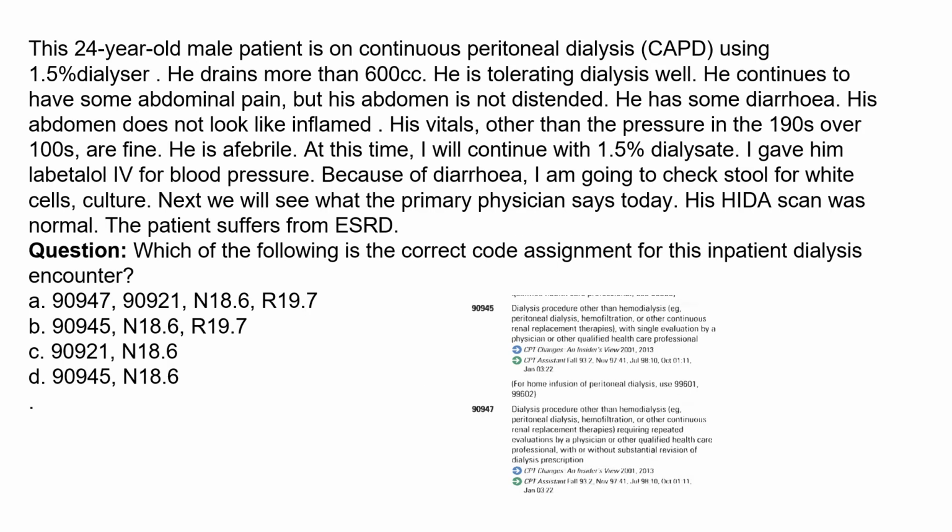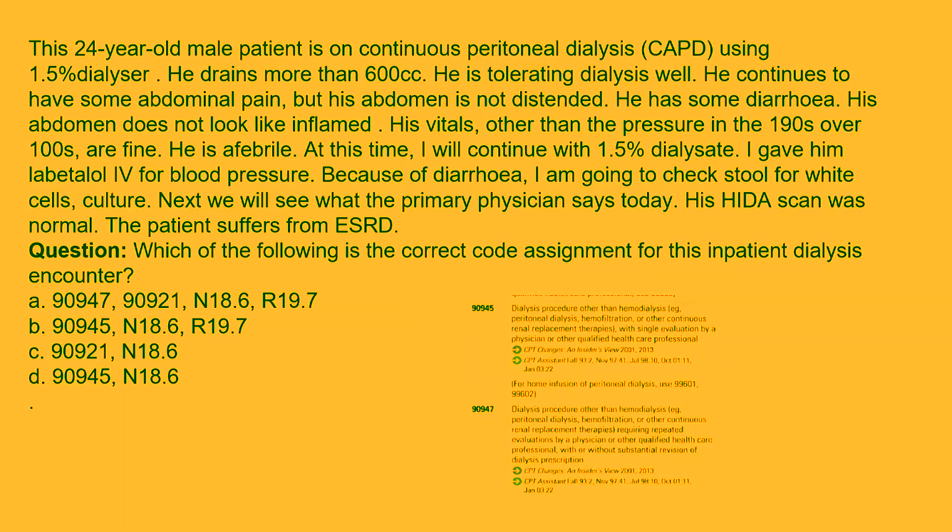This 24-year-old male patient is on continuous peritoneal dialysis using 1.5 dialyzer. He drains more than 600 cc urine. He is tolerating dialysis well. He continues to have some abdominal pain, but his abdomen is not distended. He has some diarrhea. His abdomen does not look inflamed. His vitals, other than the pressure, are fine.